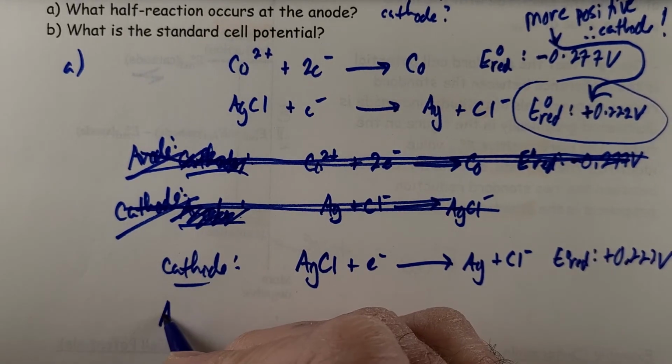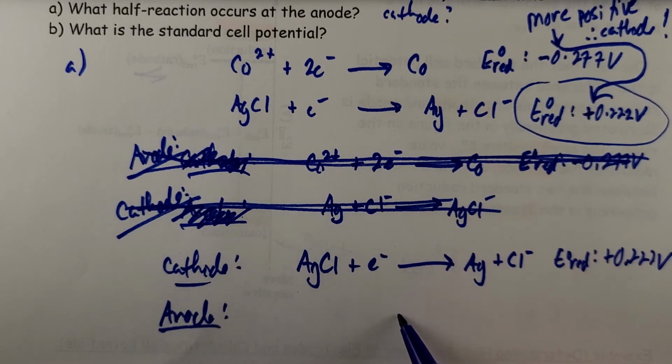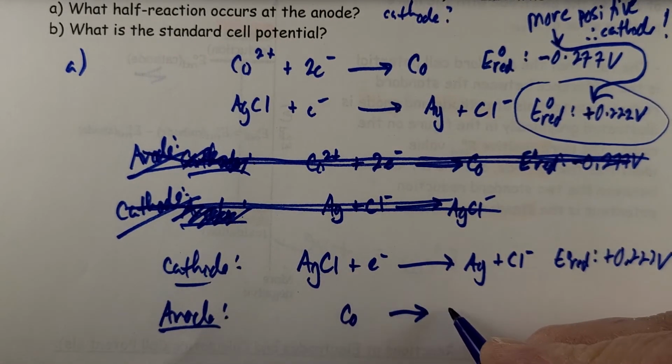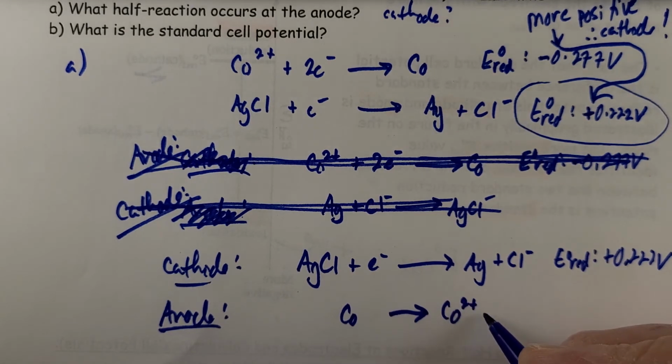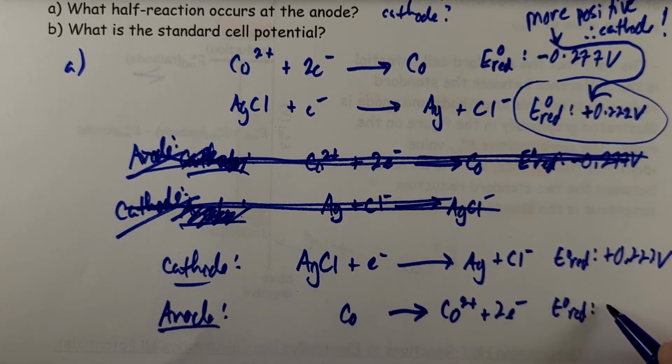Okay, now we'll get the anode right, because I have to write it flipped, right? It has to be showing giving up electrons. So cobalt going to cobalt 2+ and 2 electrons, and my reduction potential needs to be less than the cathode, and it is negative 0.277 volts.